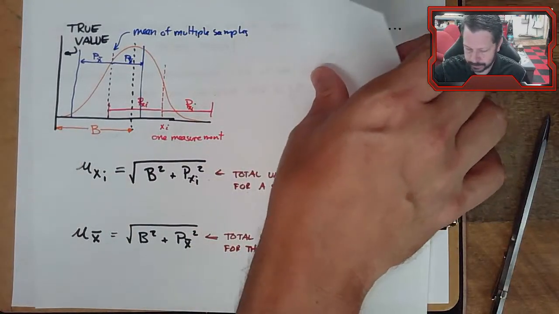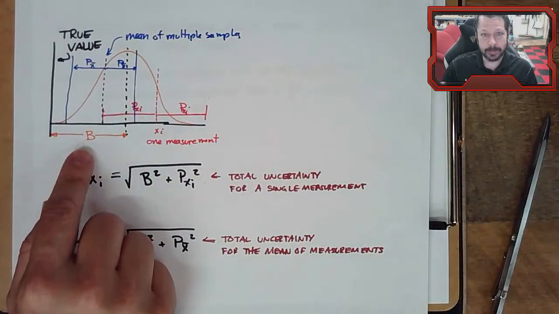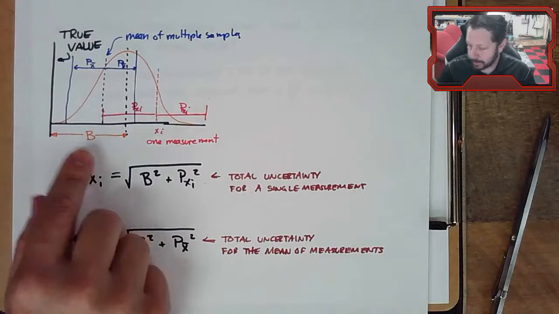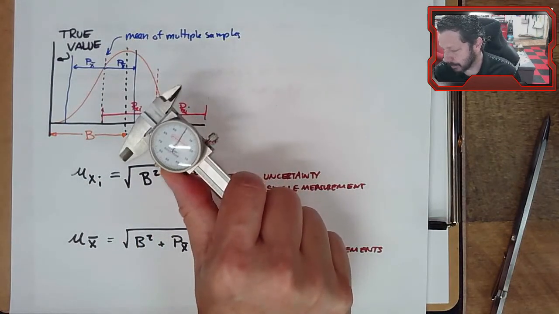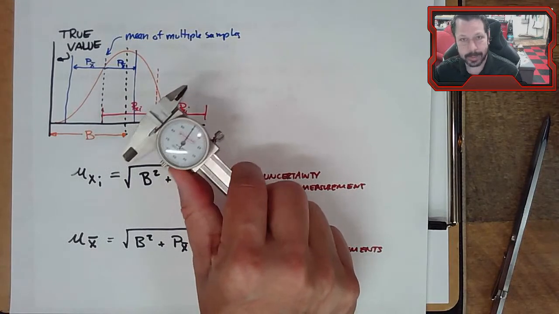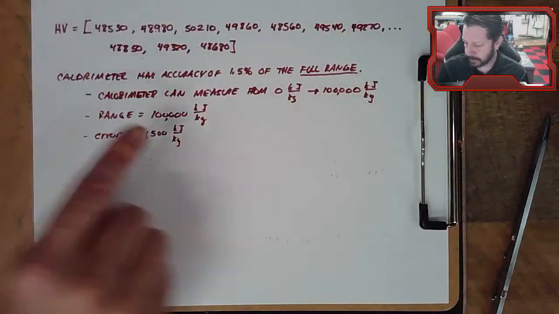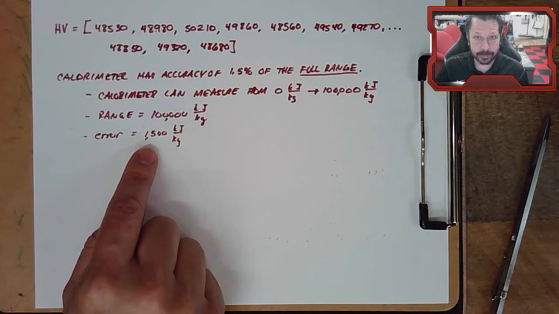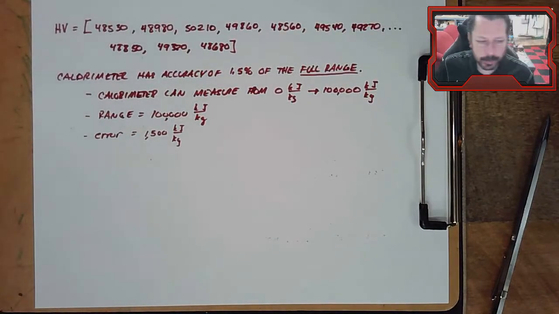So it's not exactly like the earlier ones, where if you didn't zero out your calipers, you could track that down and just subtract that measurement. This isn't quite like that, because we don't know that they're exactly off by 1,500 every time. That would be kind of silly, because then you could just subtract it off. But there's up to that amount of error, and we're going to call it the bias error.